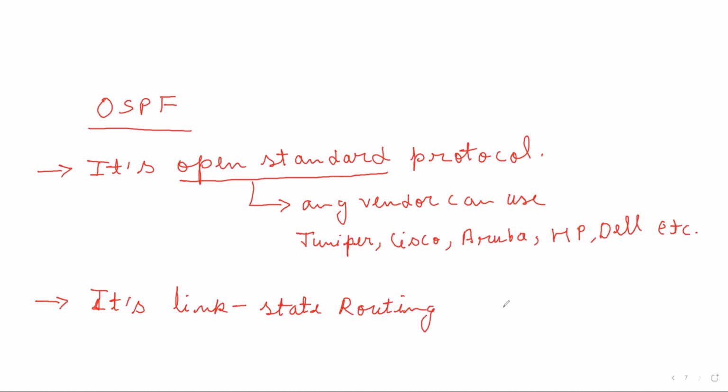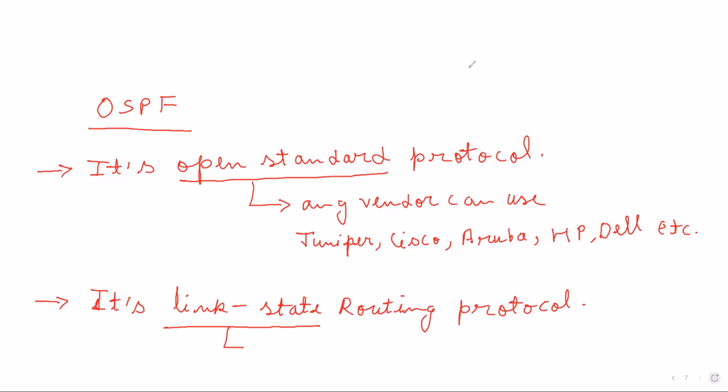Otherwise, it will not do anything. So that is link state. It's a benefit of link state. If any change occurs, it will send a message to the neighbor: I got a change, please make the change.